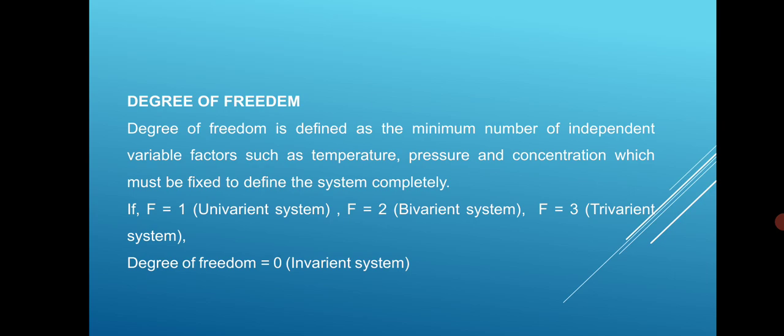Therefore, the degree of freedom is very important in phase rule. Let us consider the water system. In this water system, all three phases are in equilibrium only at a particular temperature and pressure. Therefore, this system does not have any degree of freedom, so it is called zero variant or non-variant.